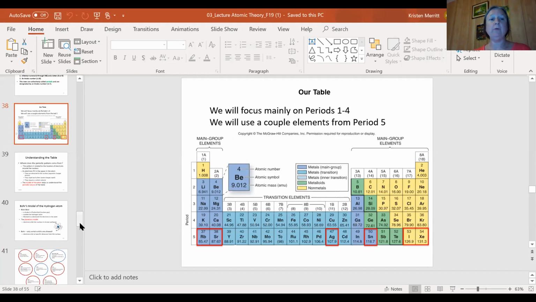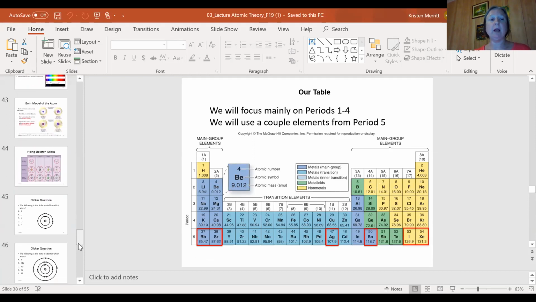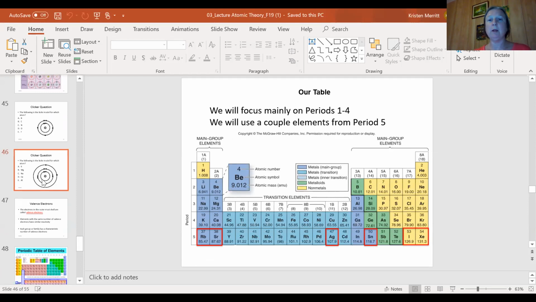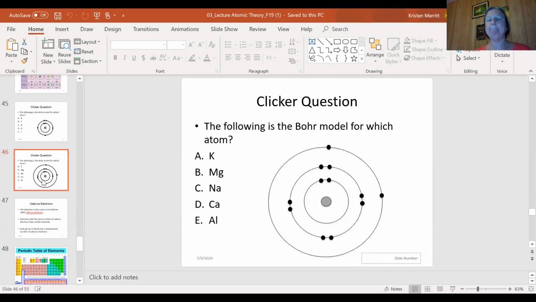If you have only a few electrons, it's easy to count, but if you end up with a lot more, like this one, that's too many. I'm just going to go with the simpler way of saying, look at the address. There are 3 shells or 3 orbits, so it's going to be in period 3. And there are 2 electrons, so it's going to be 2 spaces over.